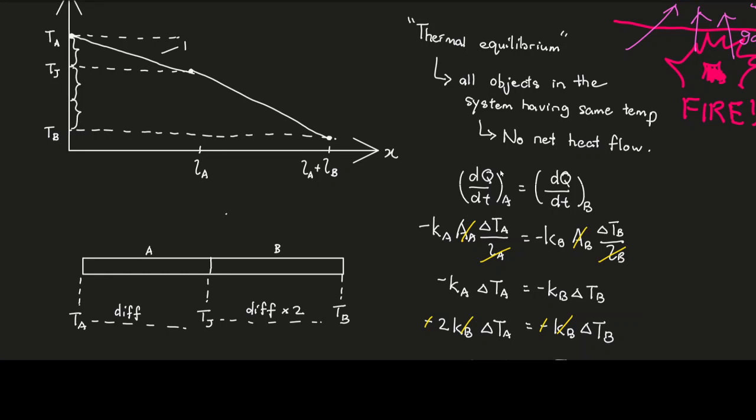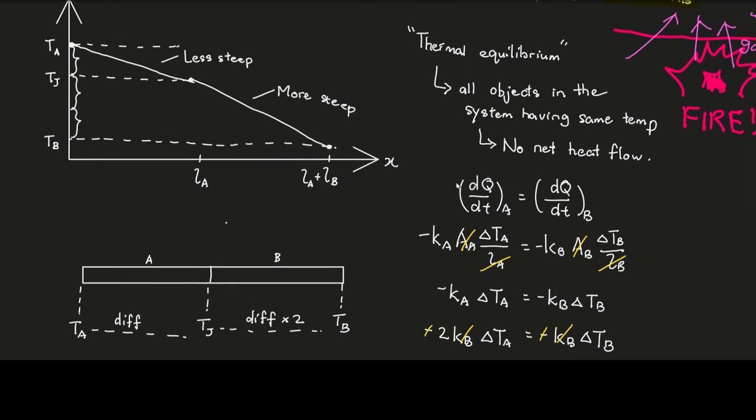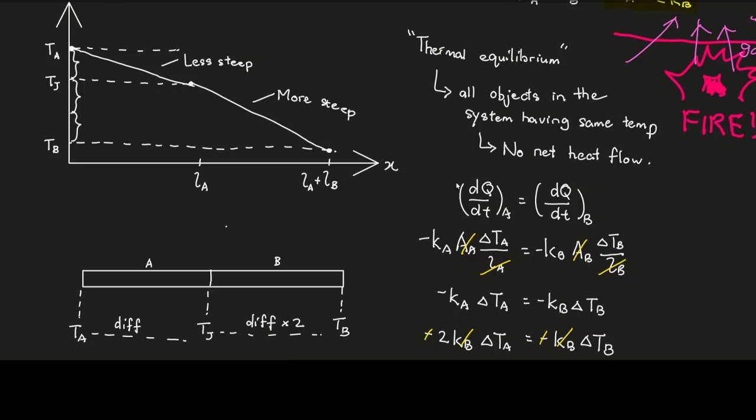So it must be straight line. This one is less steep. This one is more steep. Okay, so that's the idea of how to draw a temperature distance graph. So what will happen if it's a not so well insulated rod? It means there will be heat loss.